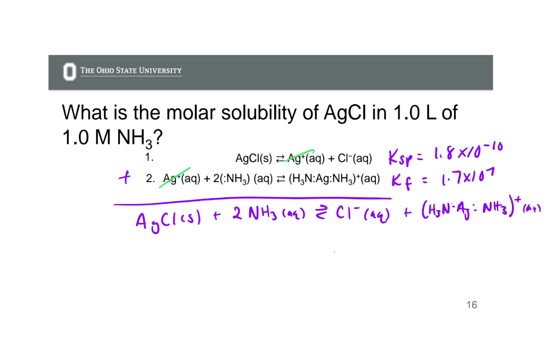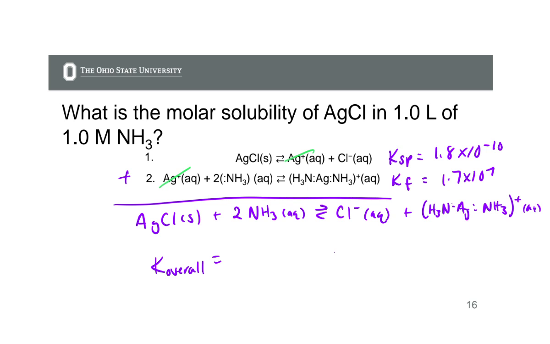How do we find the K for this overall reaction? Do you just take the concentration of the products over the concentration of the reactants? We will do that eventually. But we now just want to find a new K for this overall reaction. Think back to chapter 15. Exactly.